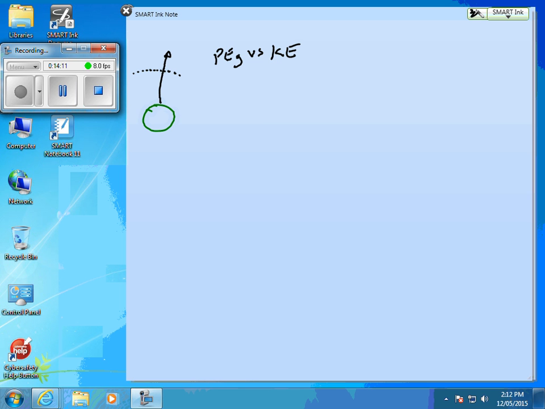If I do more work on it, accelerate it harder, or with a larger acceleration, what will happen to its height? It will go up higher. It will gain a bit more potential energy, and it will come back down again. If I do it even harder, it will go even higher. Now you can imagine that there's a boundary at some point where if I get the object just below it, it will fall back down to Earth under the influence of gravity.